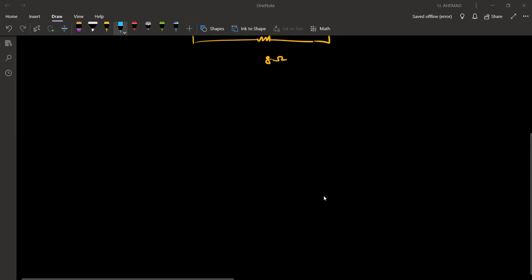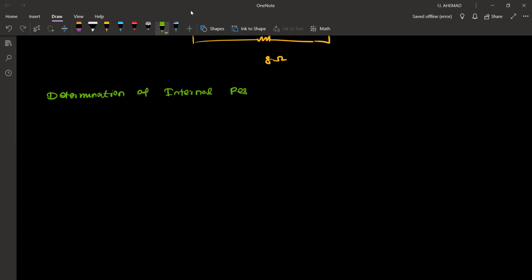Okay, so today we are going to have a different circuit. We are going to determine the internal resistance of a cell.